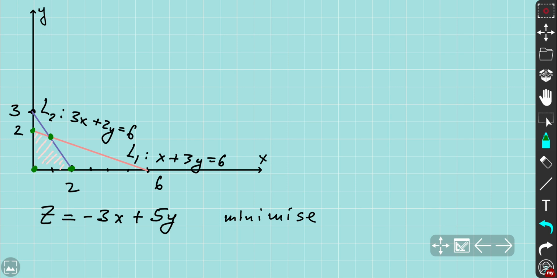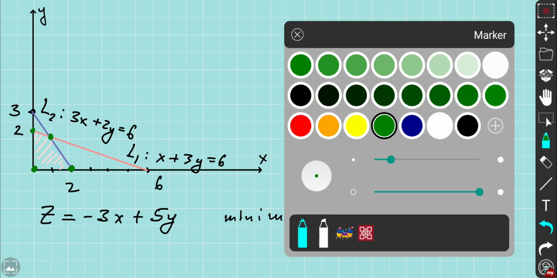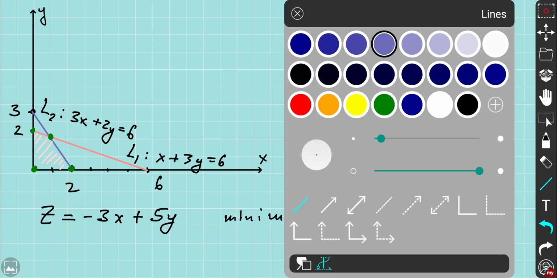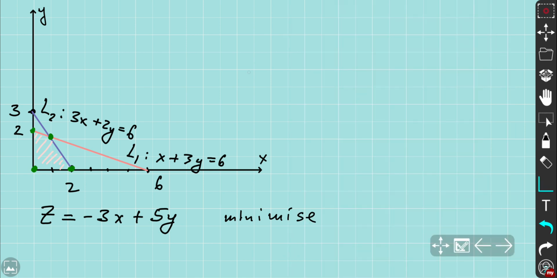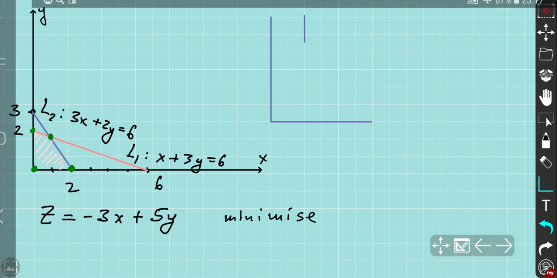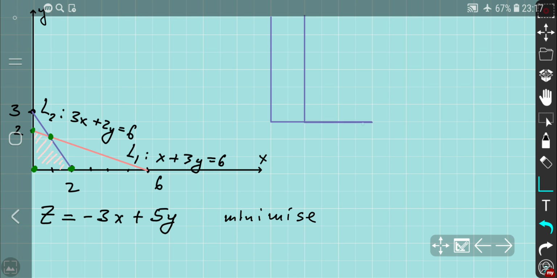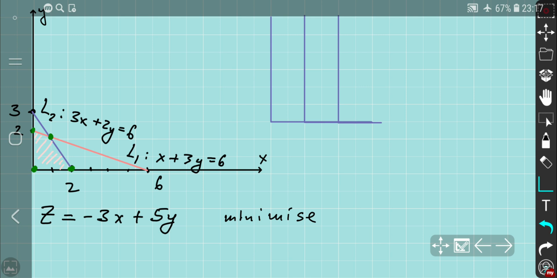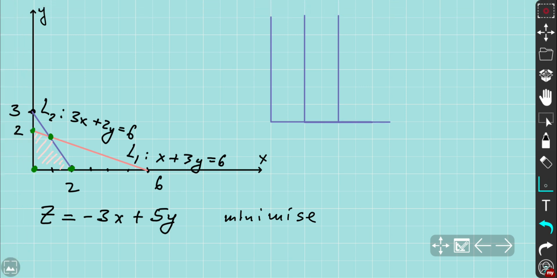So the region represents a quadrilateral, and let's set up all the points in a table. We have an x column, a y column, and a z column for our objective function.